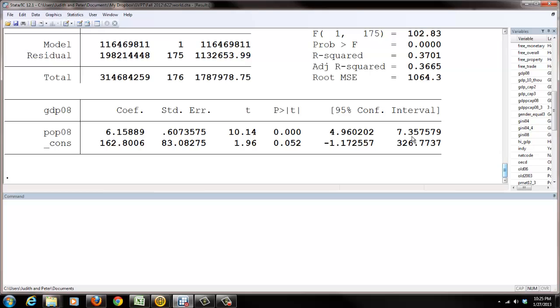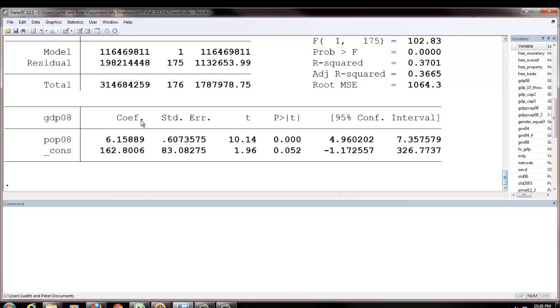The fact that these numbers don't encompass 0, meaning the lower bound of the confidence interval is positive, not negative, tells us that we're confident that the effect is positive to a very high degree. The next issue you would get into is substantive significance. Is this effect meaningful? That's a question for theory and your own knowledge of the background, something you have to justify in your own paper using your own intuition and logic.